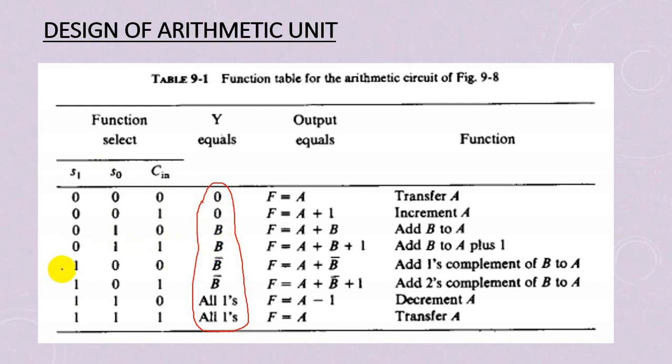When the combination was 1,0,0 and 1,0,1, B was modified to B bar. And when the combination was 1,1,0 and 1,1,1, we modified B to all ones. By this modification, we have got 8 different arithmetic operations. Finally, in the last class, we designed the circuit for this modification.